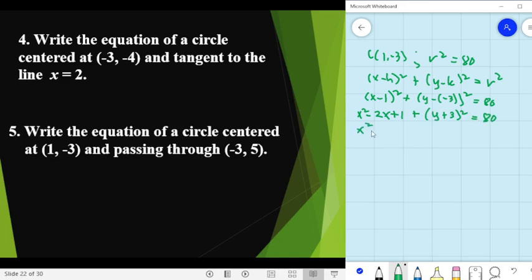Simplifying further, this would be y squared plus 6y plus 9 minus 80 equals 0.